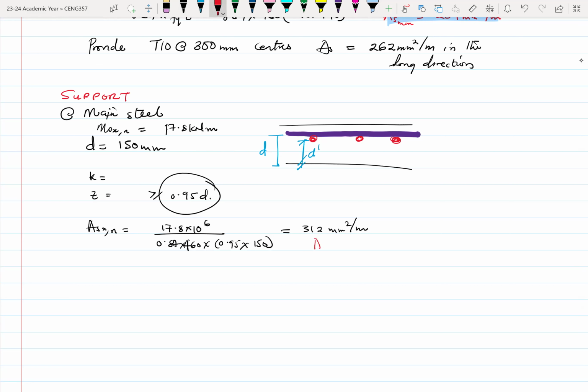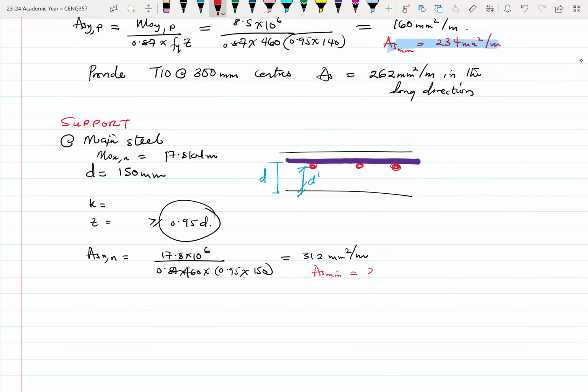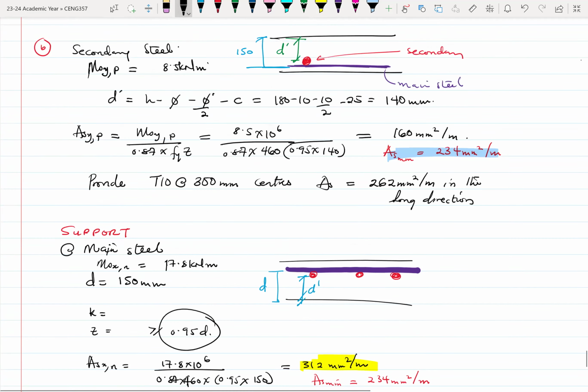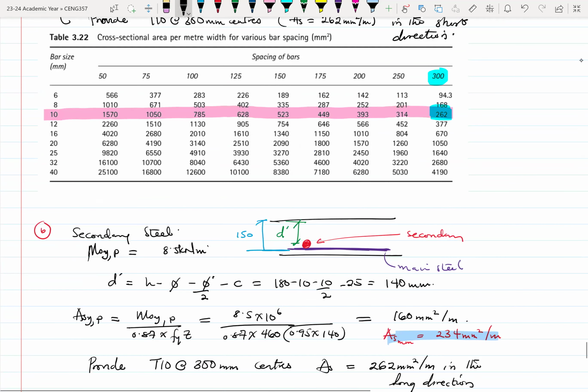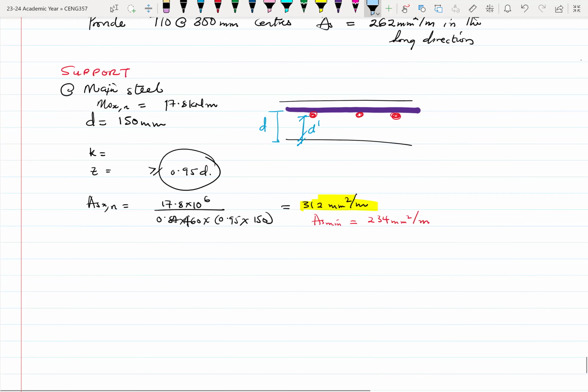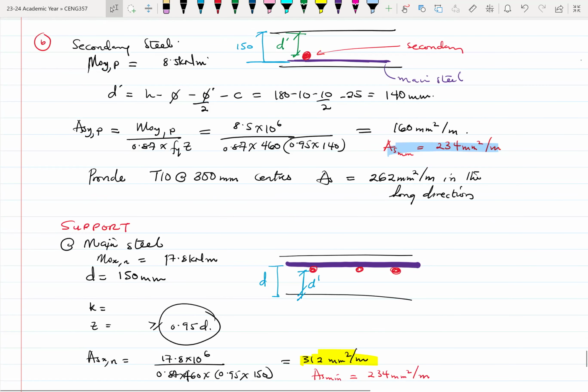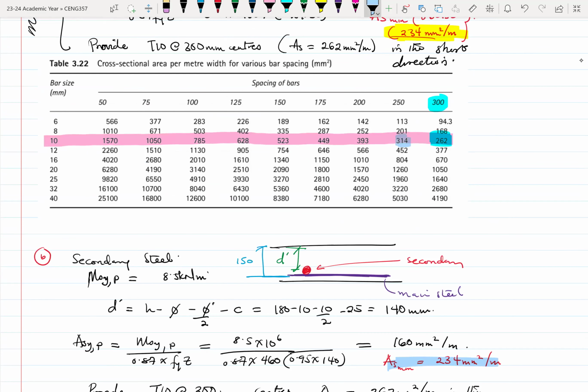And our AS minimum, I think, was 234 millimeter squared per meter. So we go with the bigger value. Again, we go back to our table and go with this option. With the 10 mm, we got 312, so we can choose 314, which works.